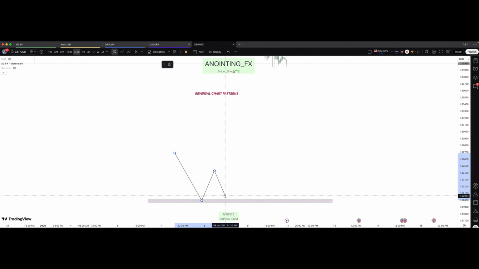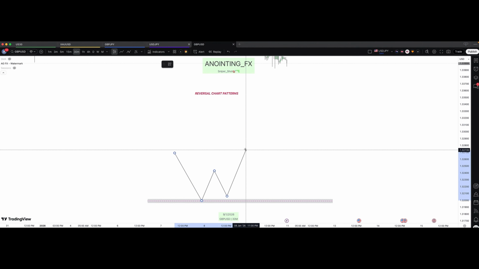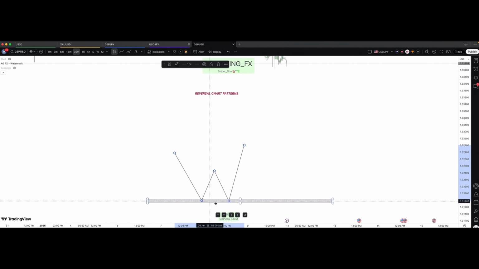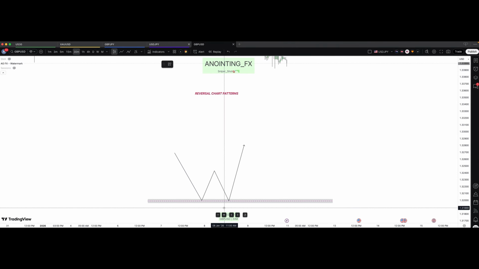Sometimes, like I said, it may not come directly into the zone, okay? It may just come somewhere around here and then go to the upside. Now, if it comes inside the zone again, now you have another support, like a confirmation, two touches on the support line, so you can buy again, thereby putting your stop loss right below it.